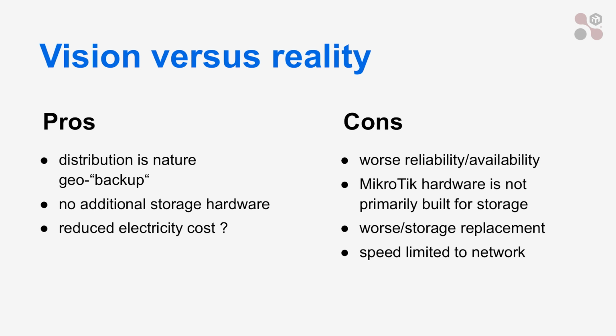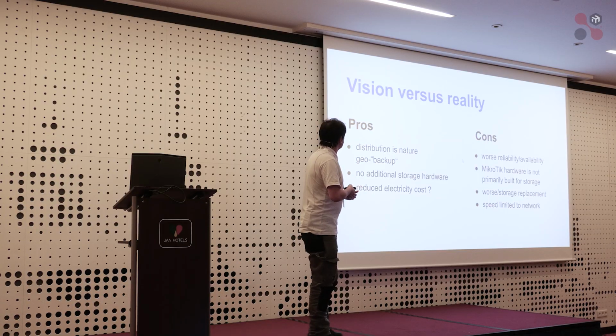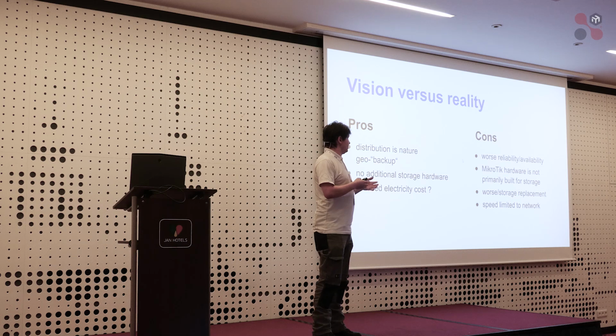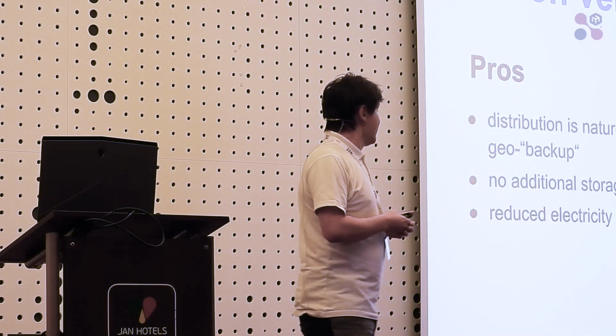Okay, so what can be the pros and cons? What is the bright and dark side of it? So pro, okay, the geo backup is probably one of the advantages which I already mentioned.